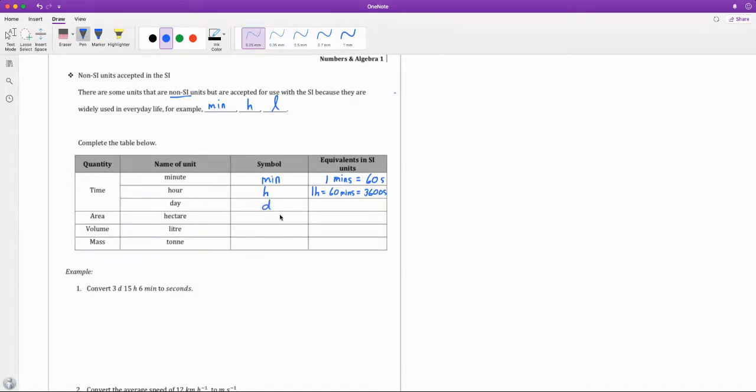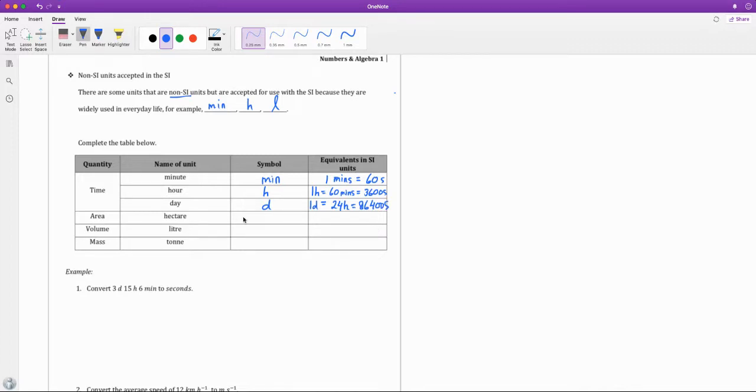Day, we use d. So 1 day equals to 24 hours, and it equals to 3,600 times 24, which is 86,400 seconds.